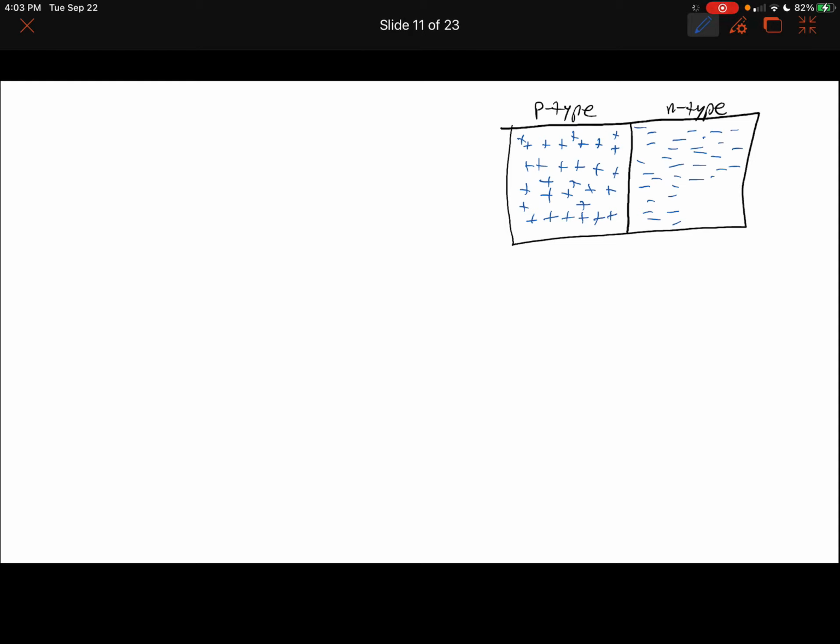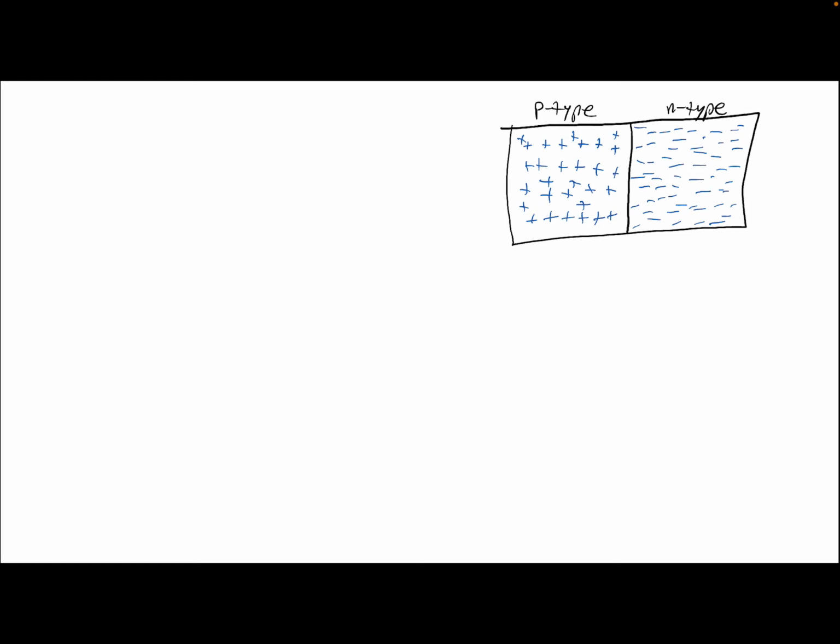So there's no reason for the concentration in the n-type region to be the same as the p-type region. We just have electrons in one area, what we call n-type, and holes in the other area that we call p-type. Now, the majority is holes here, and over here the majority carrier is electrons.